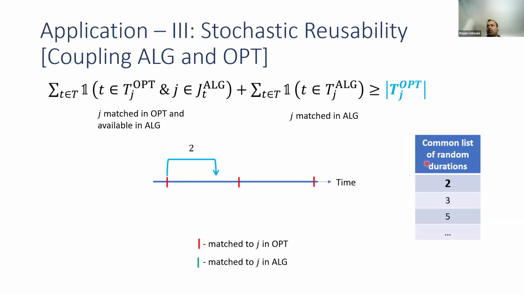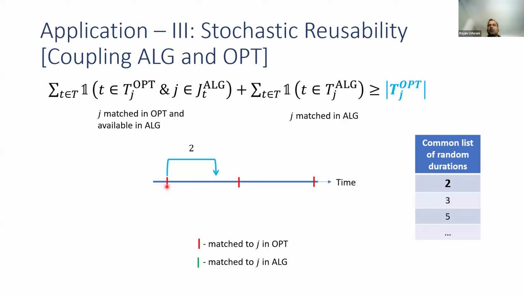So I have a common list of random durations, and I'll describe to you how this common list gets used. But what I mean by the common list is just I take independent samples from the distribution of these durations and just make this list. So the right-hand side is just representing what opt is doing. So opt will try to match the resource to these red arrivals.